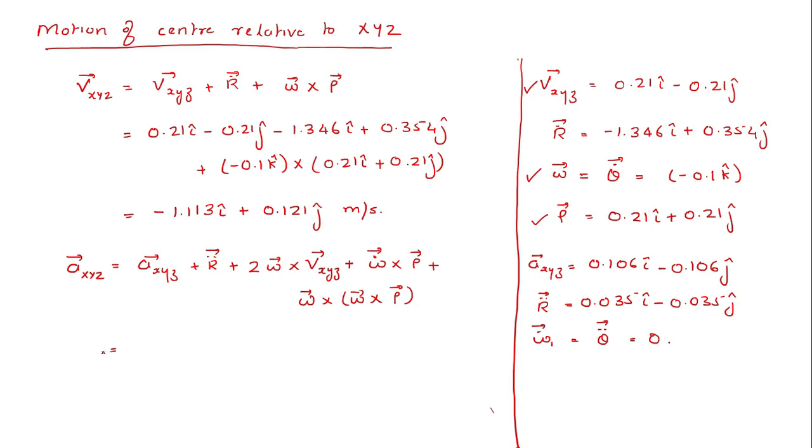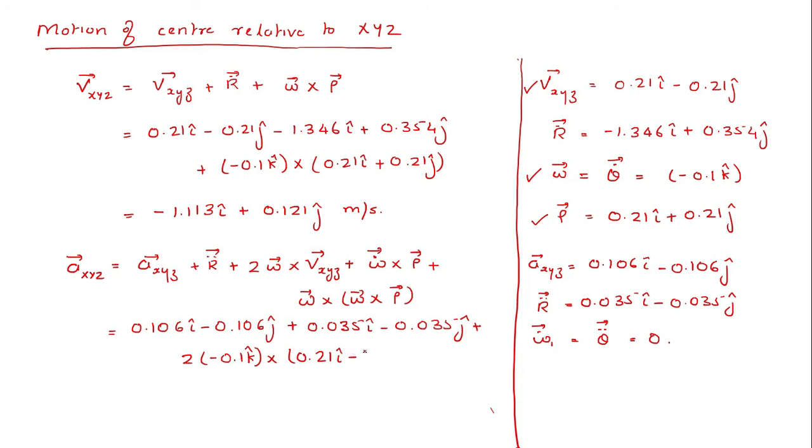So substituting all of these, we would get 0.106 I cap minus 0.106 j cap plus 0.035 I cap minus 0.035 j cap plus 2 into omega vector, that is minus 0.1 k cap, cross V xyz vector, that is 0.21 I cap minus 0.21 j cap, plus, now omega dot vector is 0, so 0.